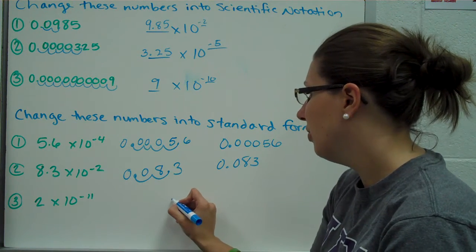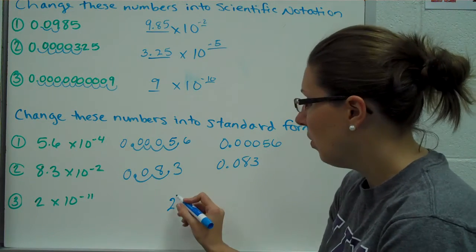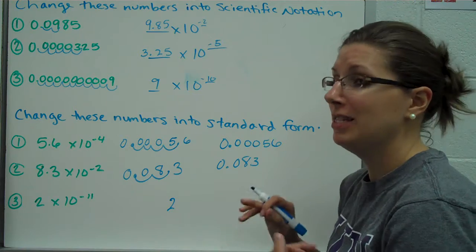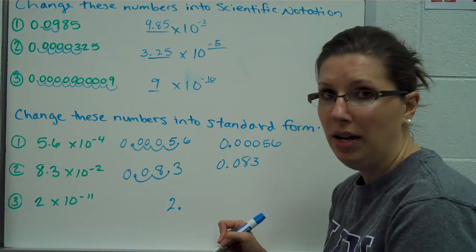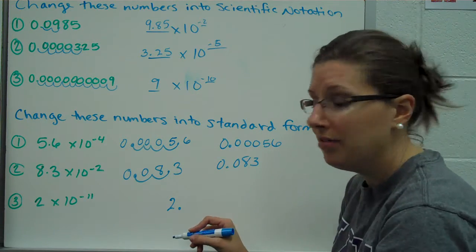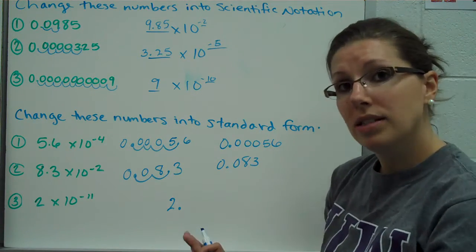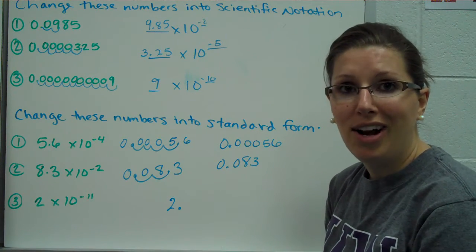All right, here's our last number. We're starting with 2, and we have to find our decimal place. So 2 is a whole number. The decimal place in this whole number would be over here to the right of the number, and we're going to move 11 places to the left. So again, why don't you pause the video, you try this one, and then check to see if you did it right.